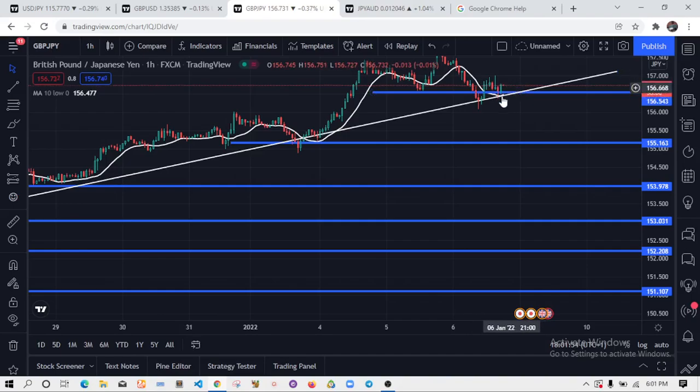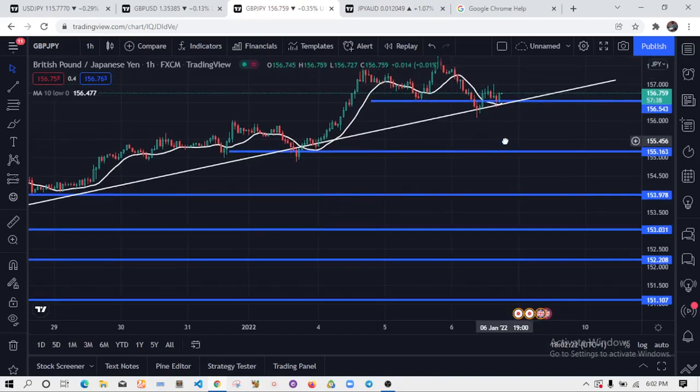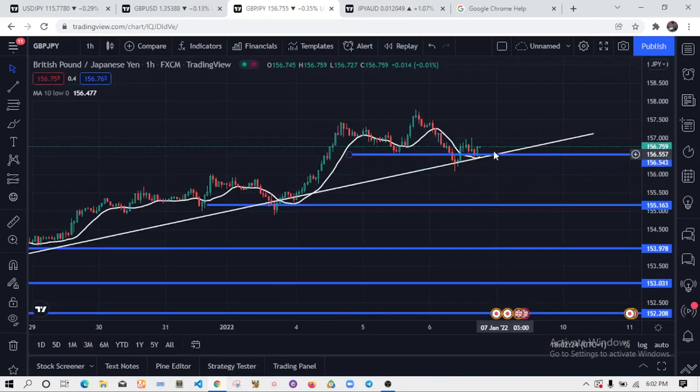Even if the sellers gather more momentum to push this price down, they are going to meet our 200 moving average, and after that, they're still going to meet our trend line. So you have 3 powerful blocks, something that is stopping this price from breaking down or changing direction.